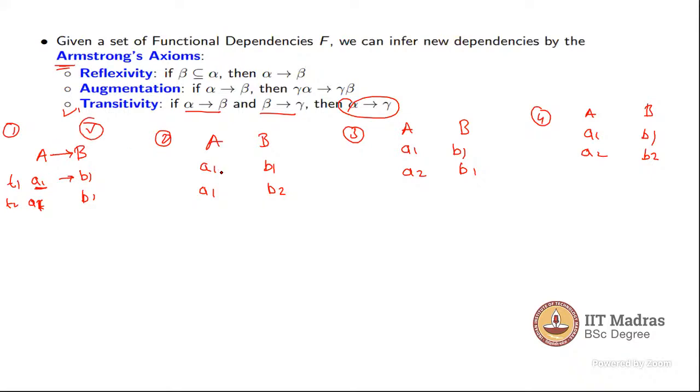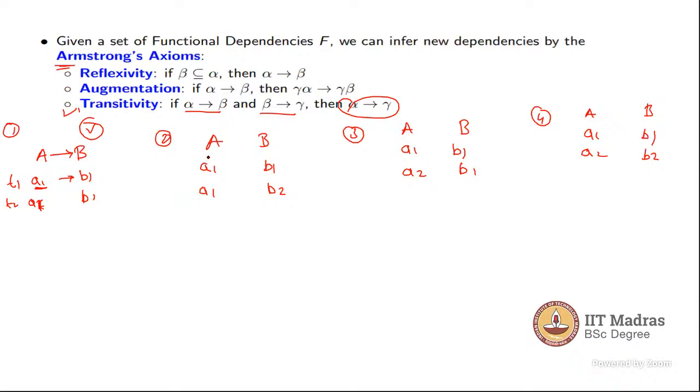But sir, whenever we talk about a theoretical table, we don't talk about duplicate tuples. No, Kumar, there could be another attribute C here, which could be different. We are just comparing the relation between A and B, but it's not that there are only two attributes.